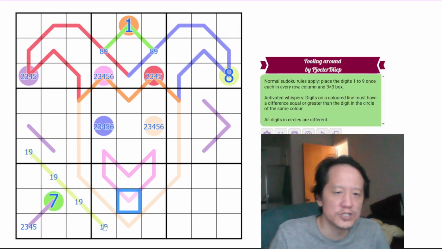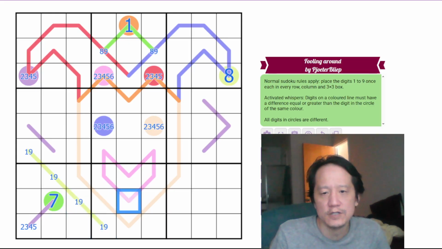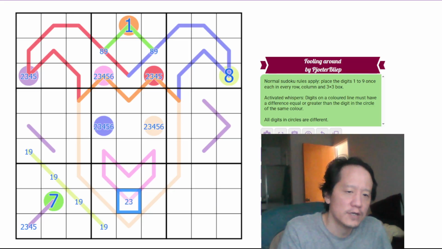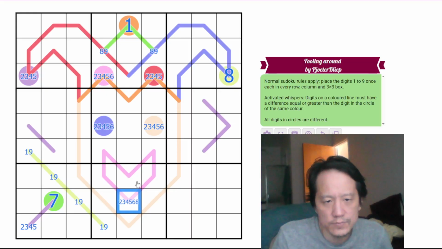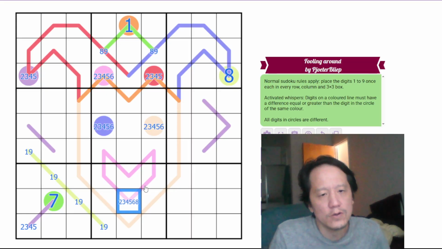But the problem is this digit cannot be 1 or 9, because it sees this, and the difference has to be 8, so these are different digits. So this has to be 2, 3, 4, 5, 6, 7, or 8.